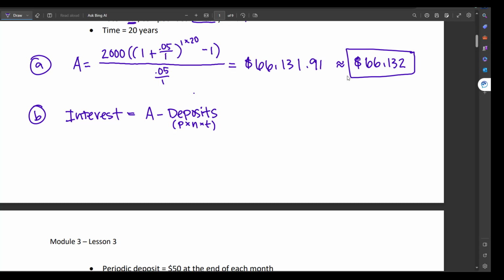Okay, so we're going to take our value from part A, which is 66,132, and subtract our deposits. We take our payment amount, which is $2,000. We do that once a year, and we do that for 20 years.